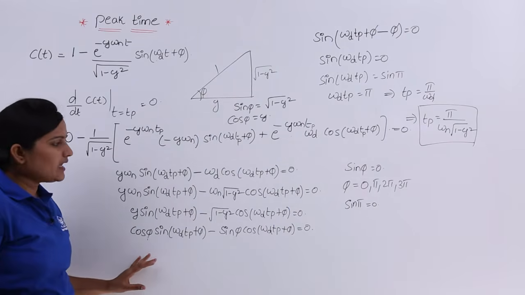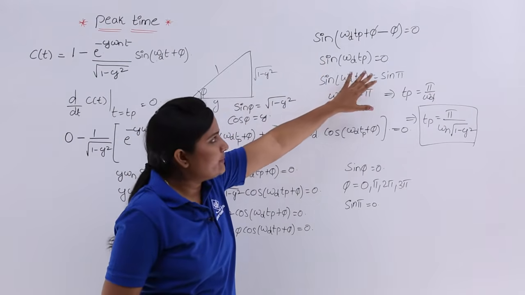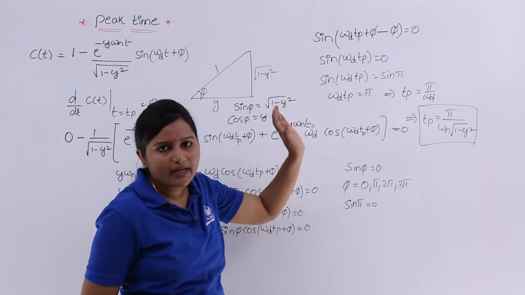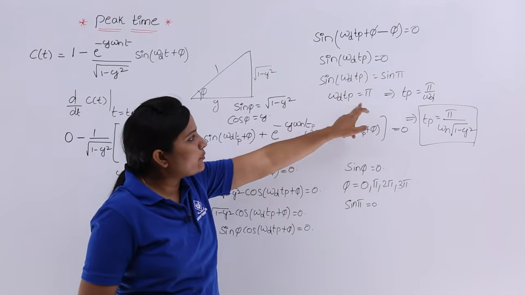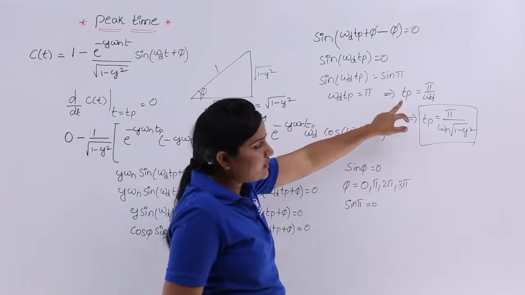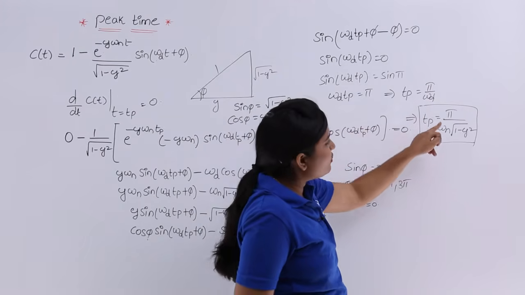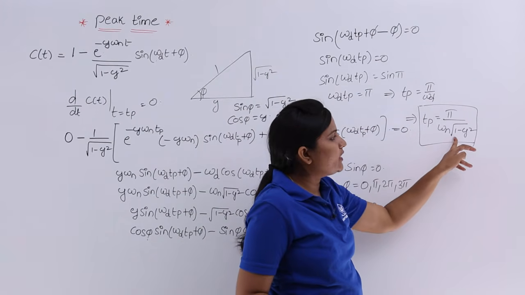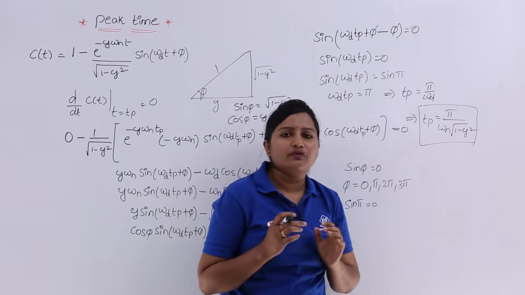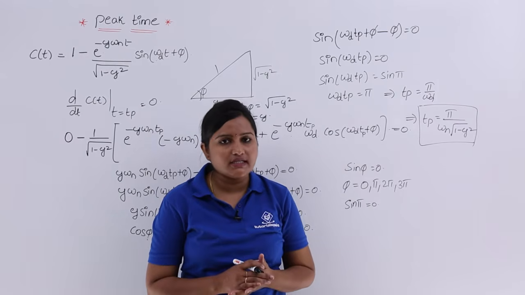So by equating like that, you are going to get sin omega d Tp is equivalent to 0. In place of 0, I can substitute sin pi. By comparing both sides, I am going to get omega d Tp is equivalent to pi. So from this Tp is equivalent to pi by omega d. We know that omega d is equivalent to omega n root of 1 minus zeta square. So the final equation for peak time is pi by omega n root of 1 minus zeta square.